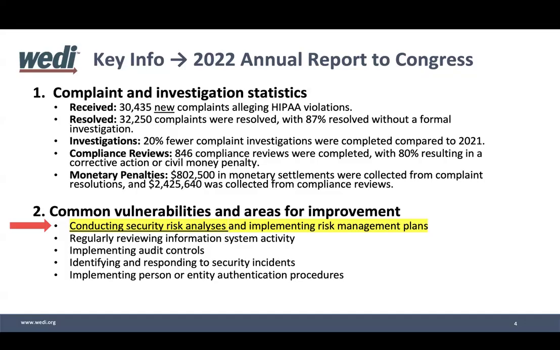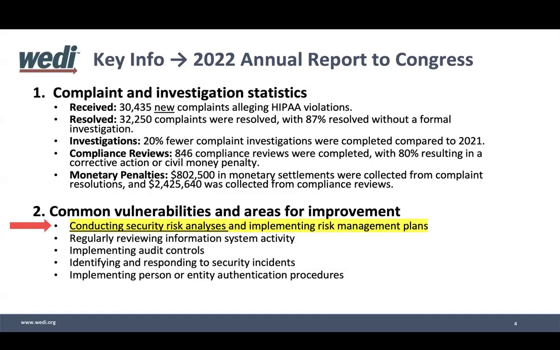In the year 2022, they received 30,435 new complaints, on top of complaints from previous years, and OCR was able to resolve 32,000-plus complaints, 87 resolved without a formal investigation. They did investigations and compliance reviews, and of course 80% of the compliance reviews came out with a corrective action plan or civil monetary penalty.